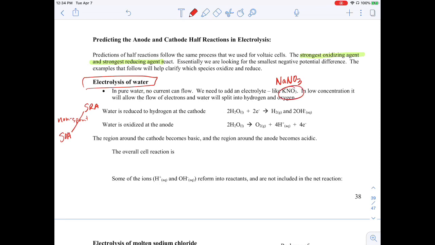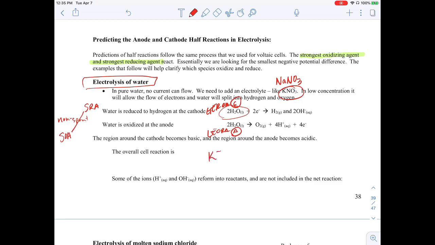Here it's suggesting potassium nitrate. You want to make sure that your strongest oxidizing agent at the cathode is going to be water, and that the strongest reducing agent at the anode is also water. So water is both my oxidizing agent and my reducing agent.